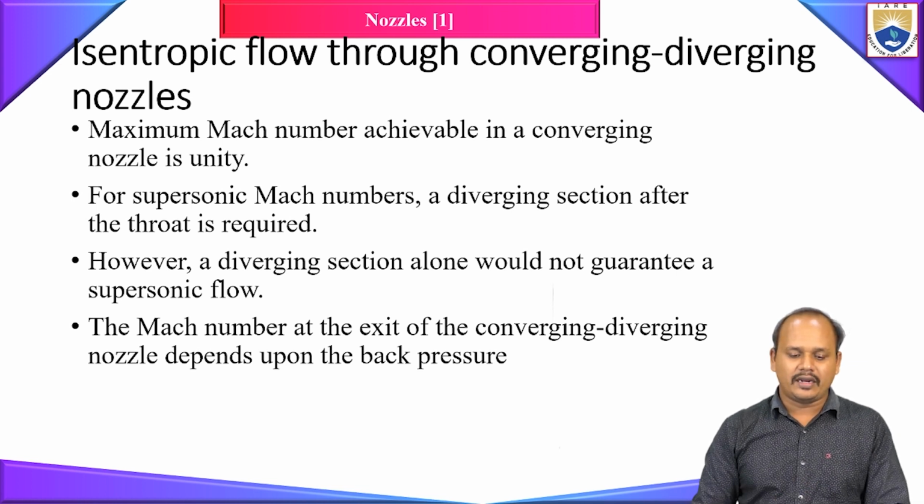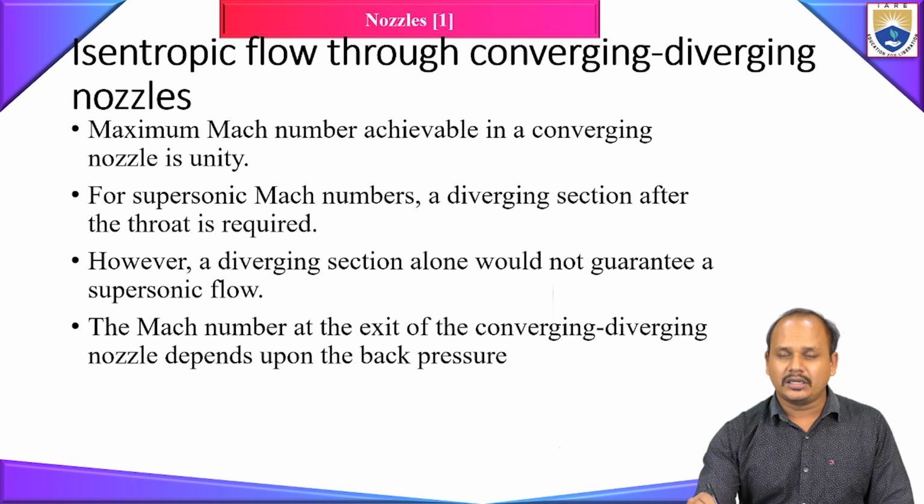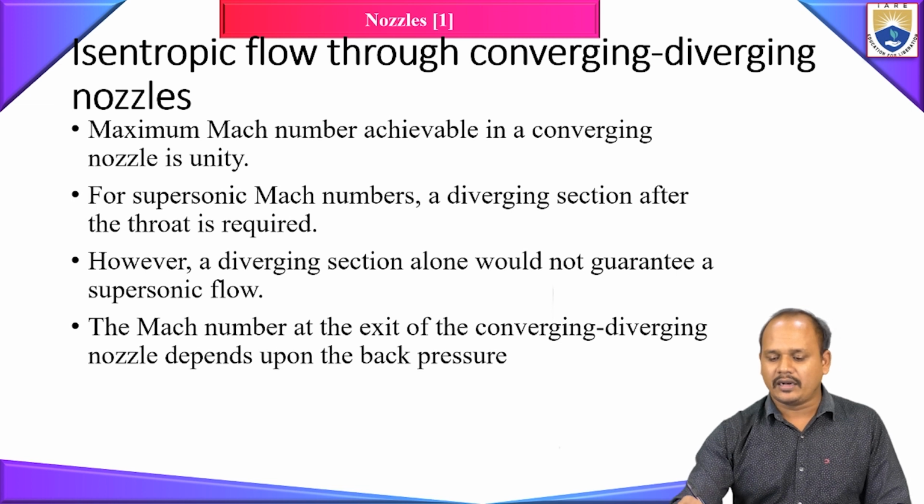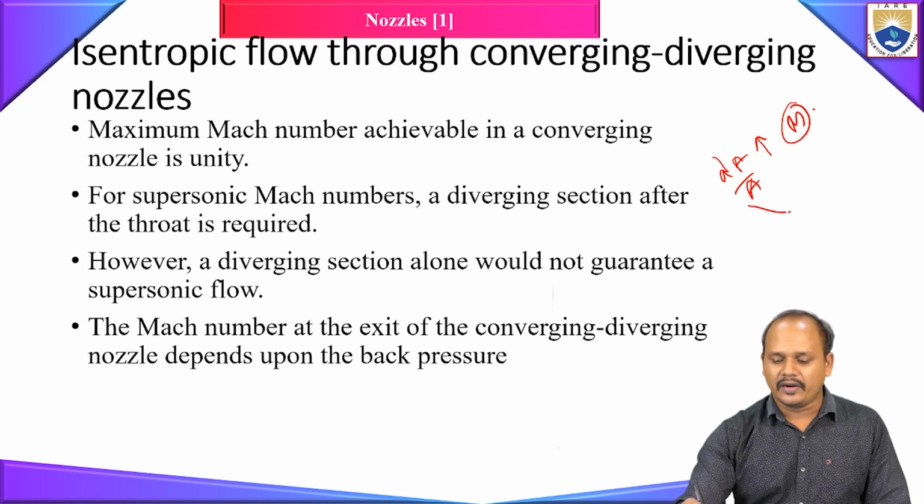We have already seen the maximum Mach number a convergent nozzle can produce is M equal to 1. So if I want to achieve M greater than 1, what we have to do is this: we have seen from the area ratio relation, dA by A, if the area is increasing, when a supersonic flow enters the passage, its Mach number will increase. So let's say we have M equal to 1 at the throat location.